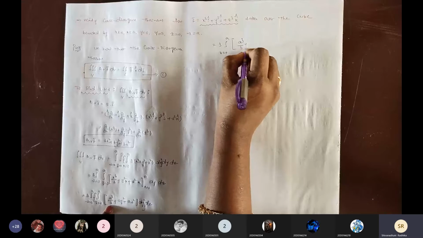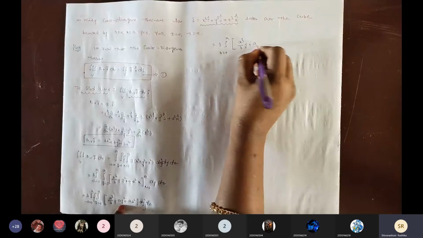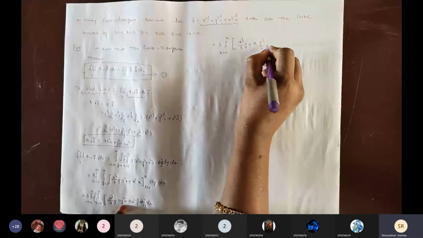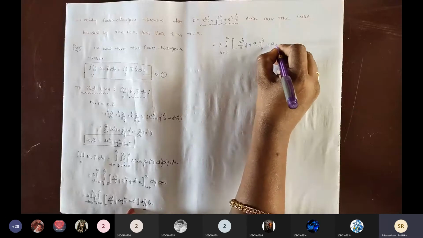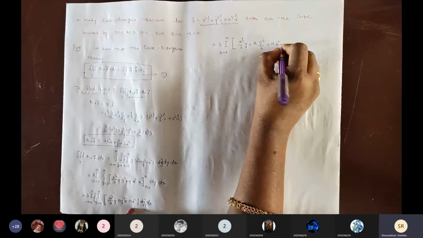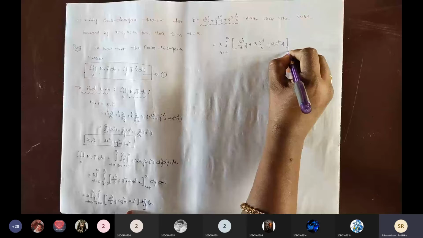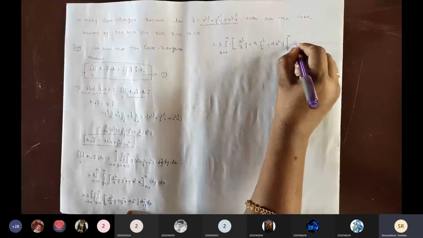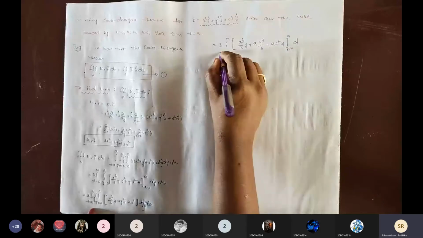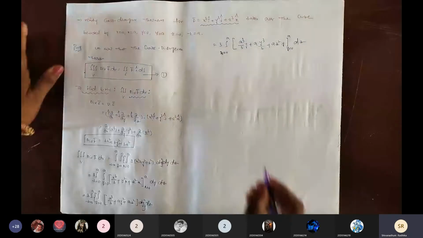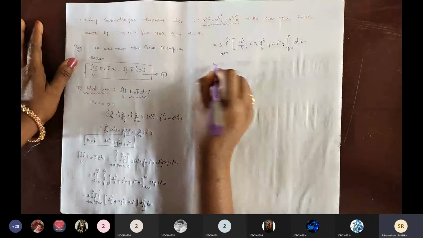Integration of dy is y, plus a is a constant, y square integrates to y cube by 3, plus a is a constant, z square is also constant. Integration dy is y, and the limits y equals 0 to a, dz.